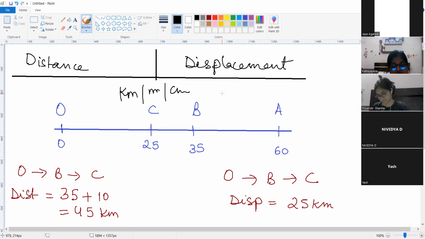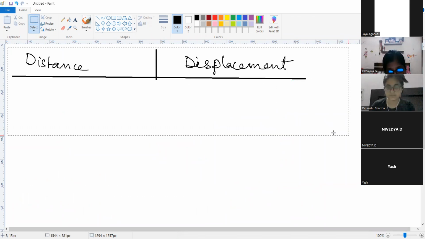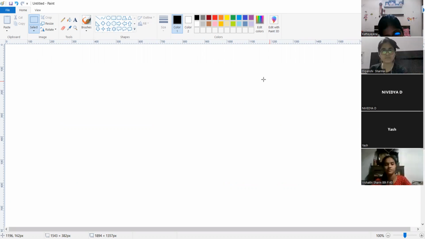Okay. Now we are coming to motion. आपको मालूम है ना, motion is with respect to the position of the object at rest. Do you remember that part? Yes. Motion is the movement of a body with respect to another body which is in rest position. Okay.